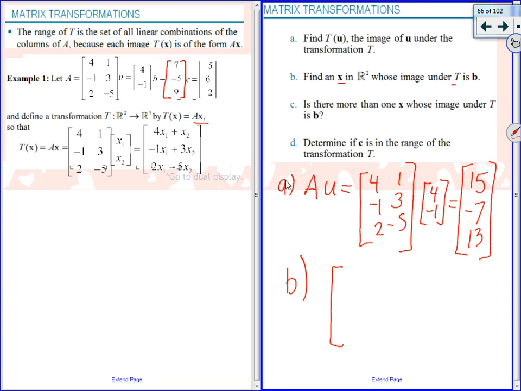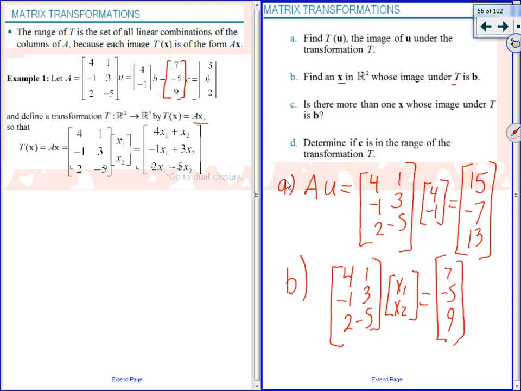It's the original, but it's the X. Yeah, you can look at it either way. So you can look at it this way. 4, 1, negative 1, 3, 2, negative 5 times x1, x2 would have to equal B, which is 7, negative 5, 9.